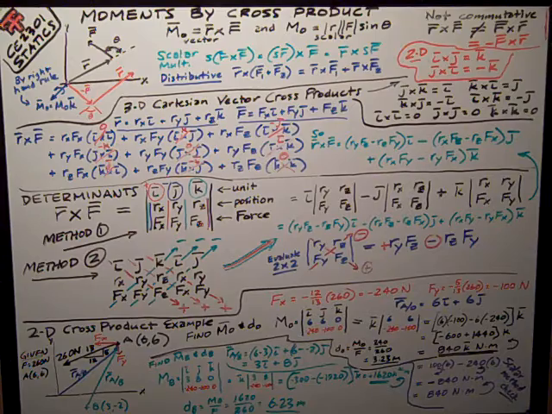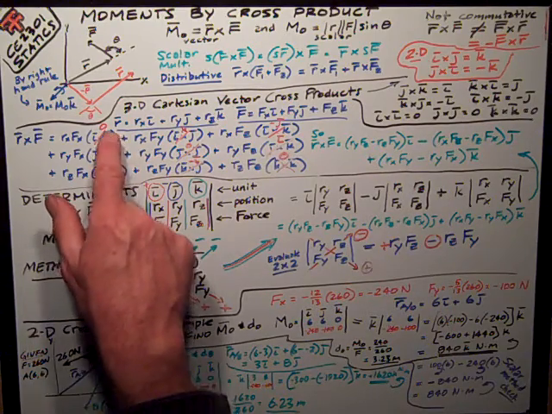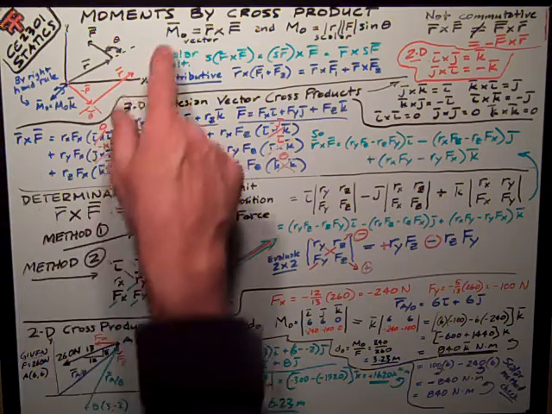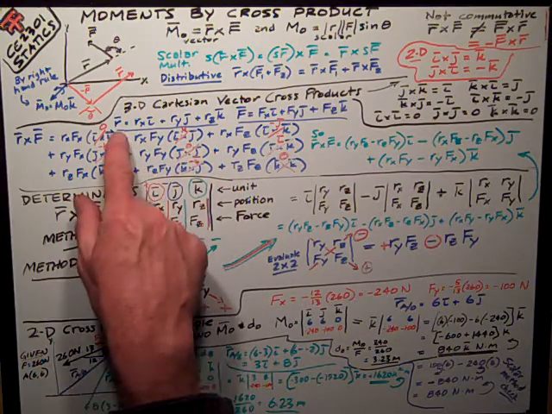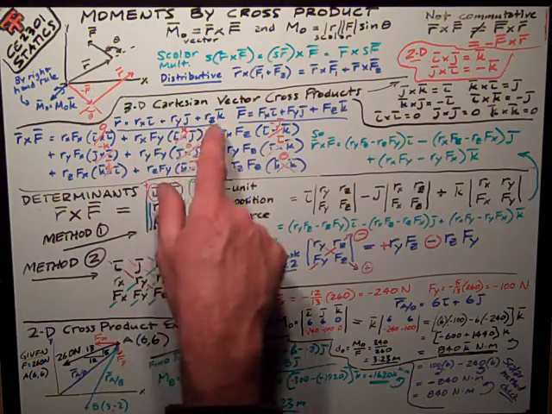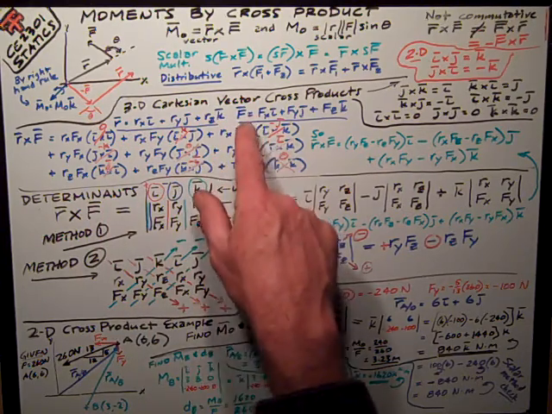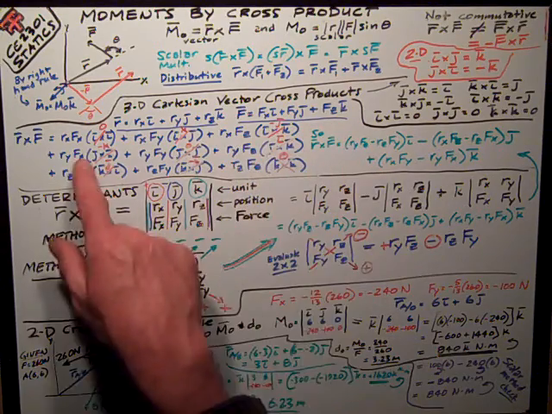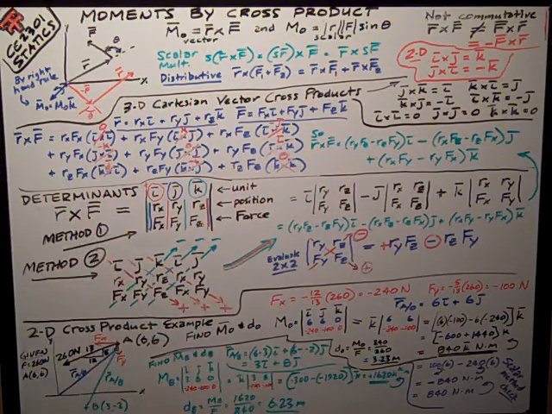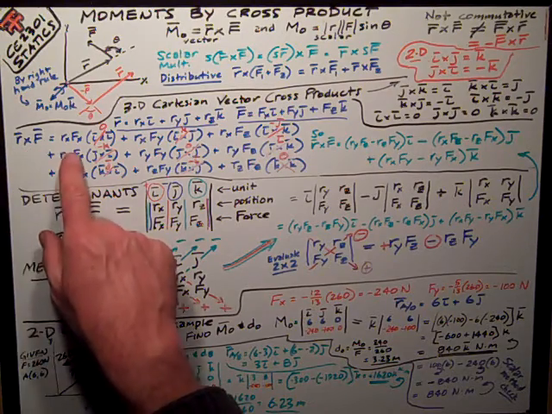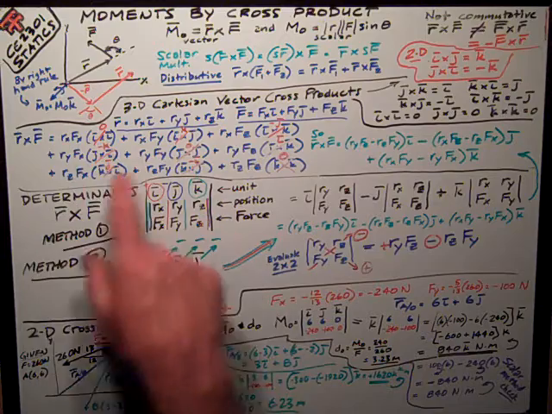So I want to continue this logic, and I'm still looking at what r cross f is, which is a moment. If I express r in Cartesian form, rx, ry, and rz, and I express f as fx, fy, and fz times their i, j and k components, then if I cross r with f, I'm going to multiply all the terms together.